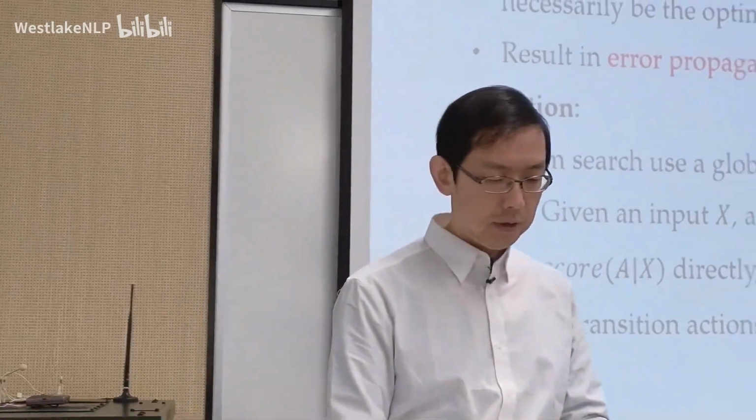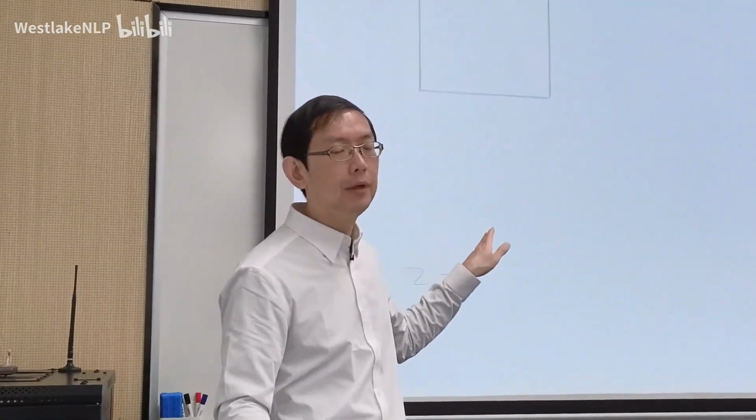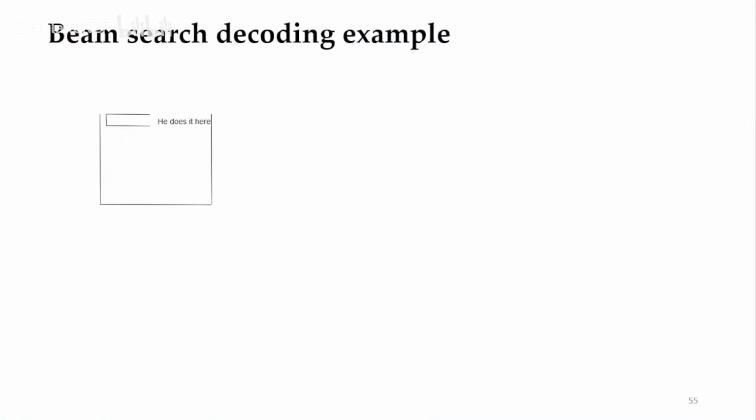So let's first take a look at the beam search process. I have an agenda to store k highest scored states, or sequences of actions. One state represents a sequence of actions. So initially, the agenda will have only the start state. And then we apply different actions.